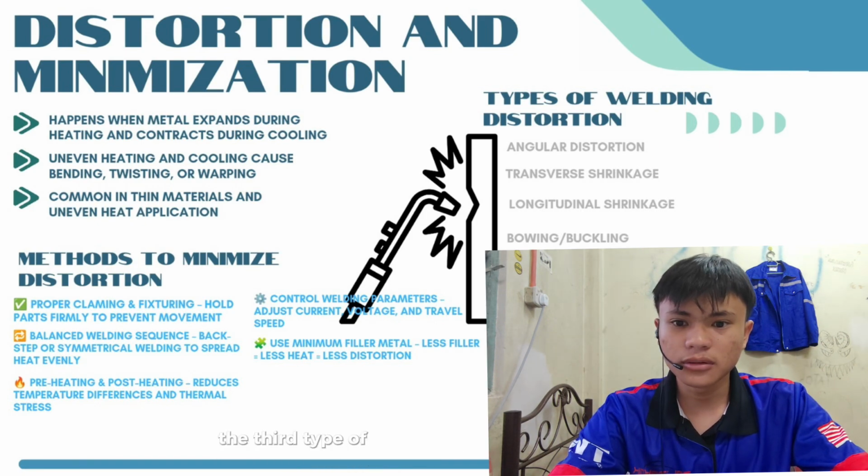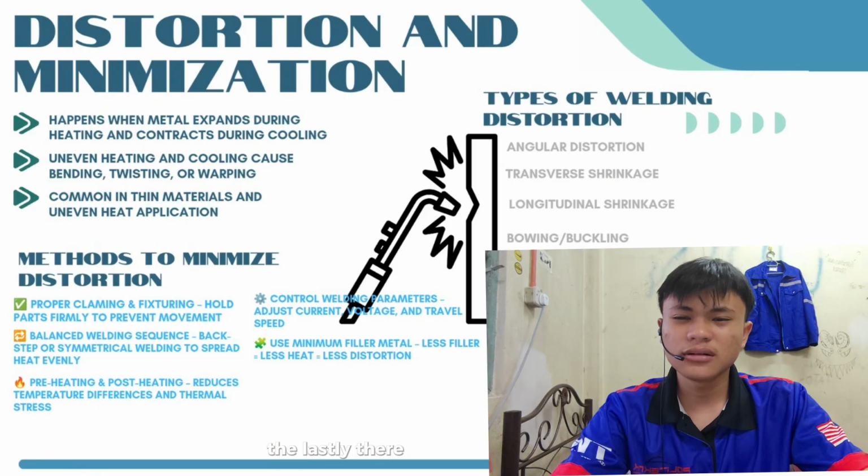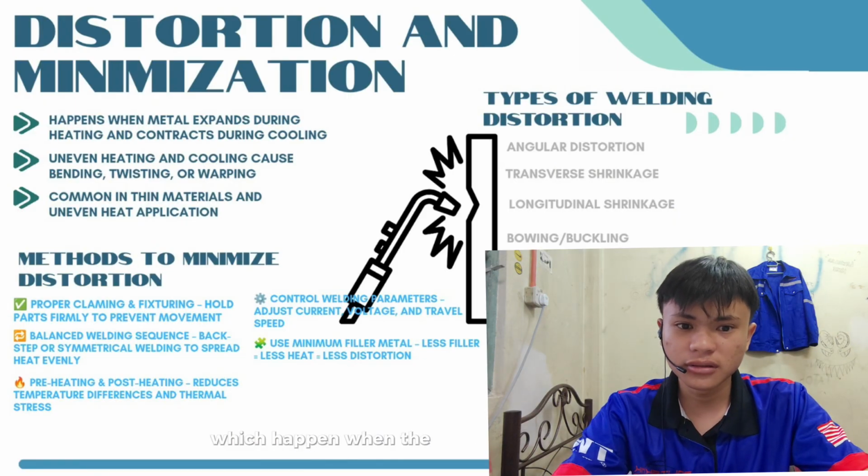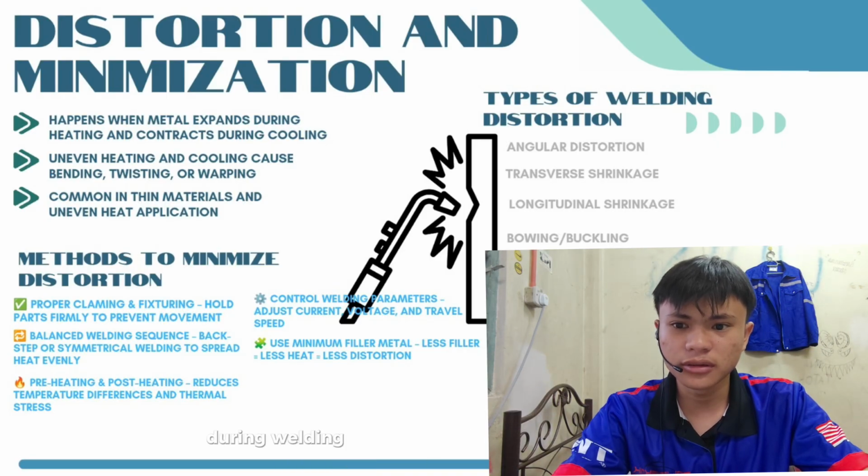The third type is longitudinal shrinkage, which occurs along the length of the weld and can pull the material inward or shorten the piece. Lastly, there is bowing or buckling, which happens when the entire welded part curves or warps due to uneven heat or restraint during welding.